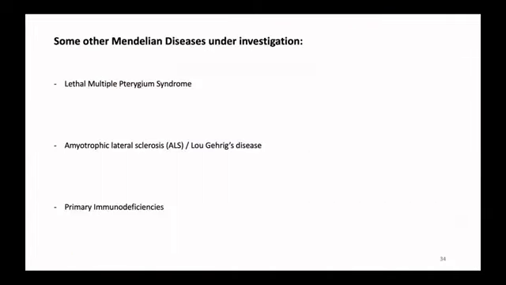Other diseases that we are interested in include lethal multiple pterygium syndrome. We have quite a large cohort, surprisingly, and we suspect that there might also be a founder effect there. We are involved with a neurologist at Heidelberg to look at the genetics of ALS.